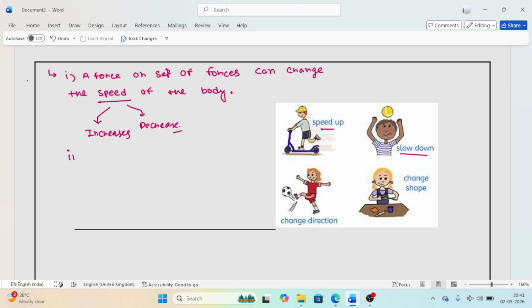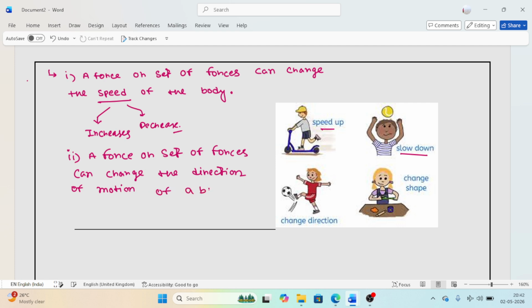And another thing the force can do: a force or set of forces can change the direction of motion of a body. In this situation, change in direction.